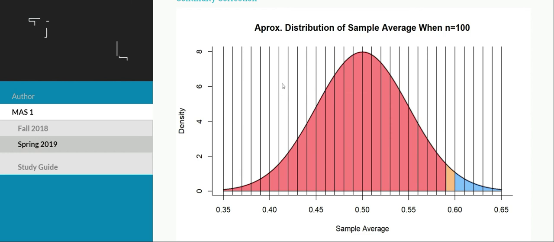And so when we say what is the area to the right of greater than or equal to 0.6, when we express that in terms of our sample size, that should be equivalent to 1 minus less than or equal to 0.59, right? Because you can't have 59.5 successes in our sampling.